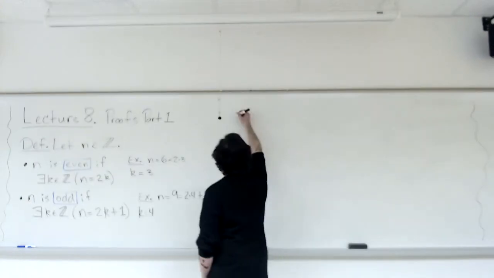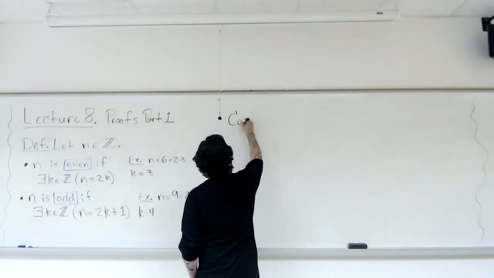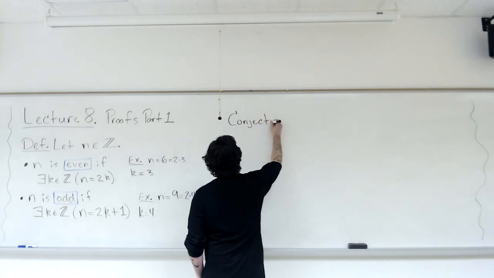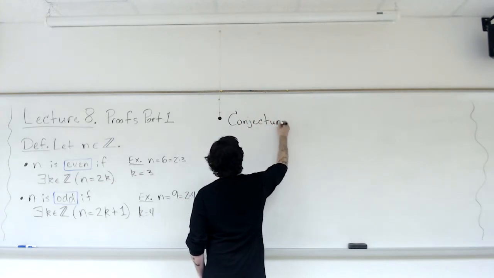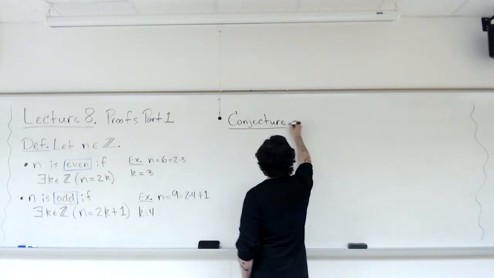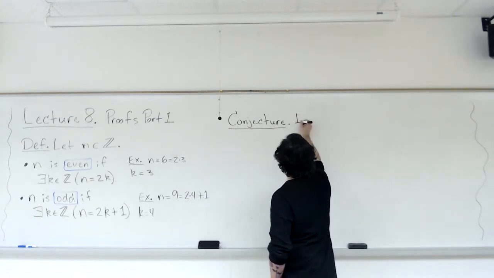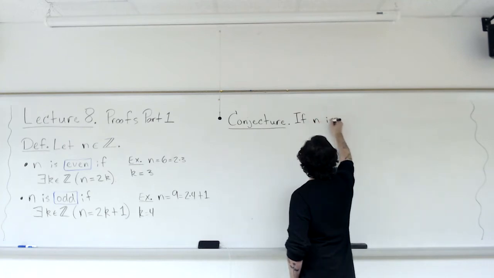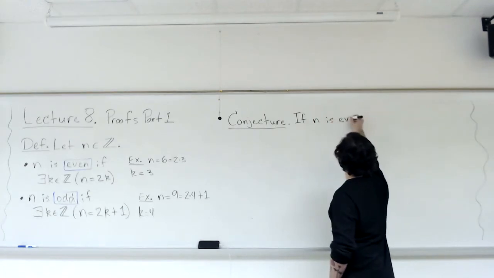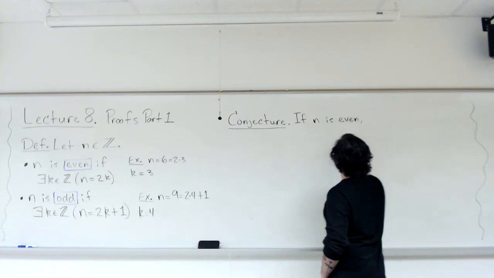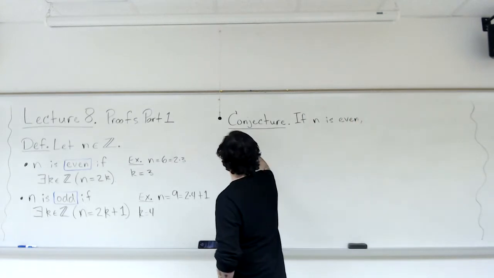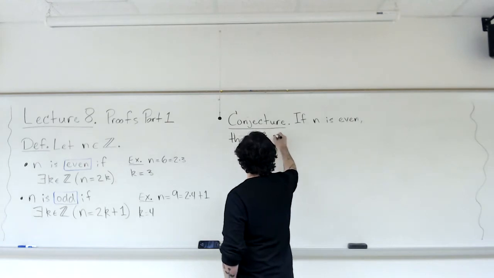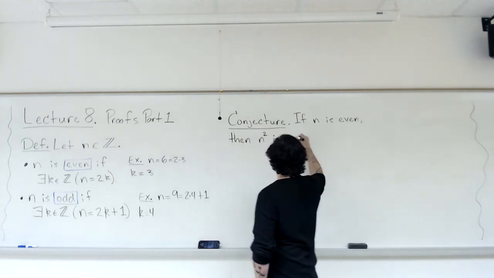So let's consider a conjecture. If n is even, then n squared is even.